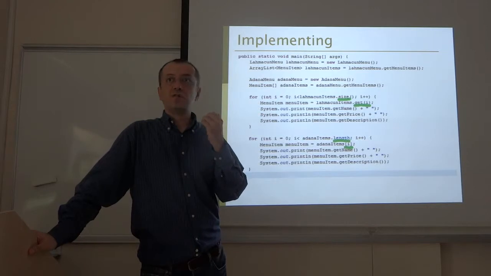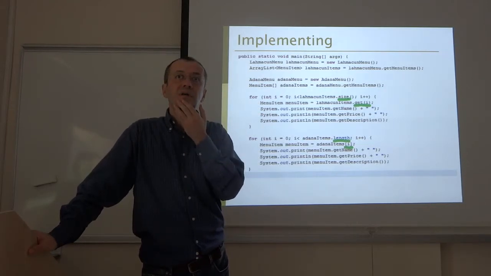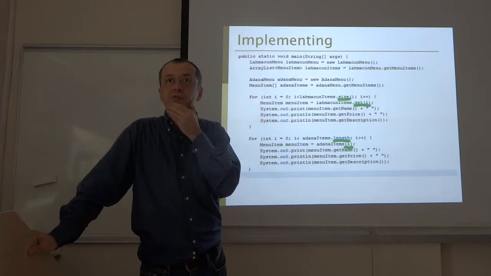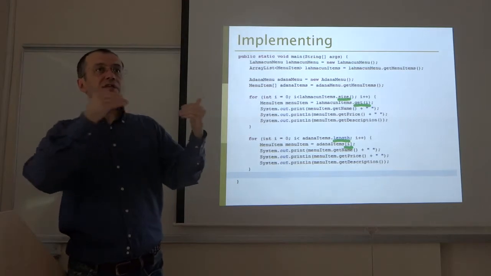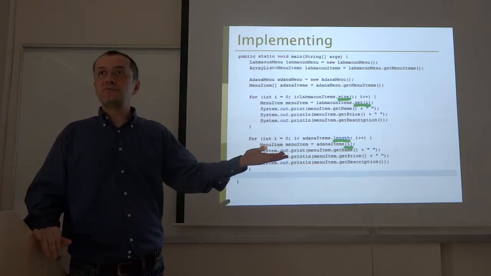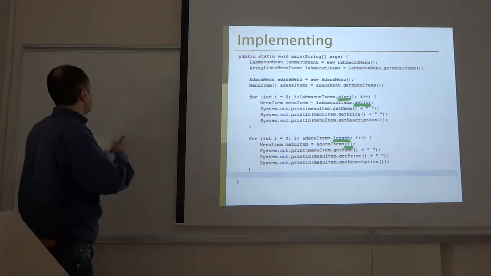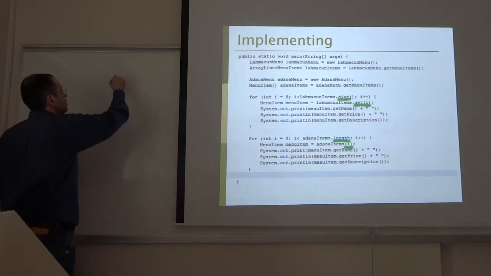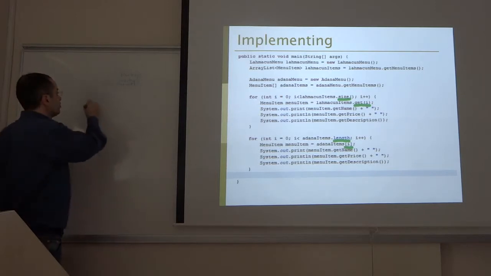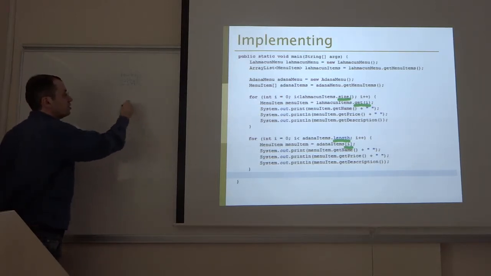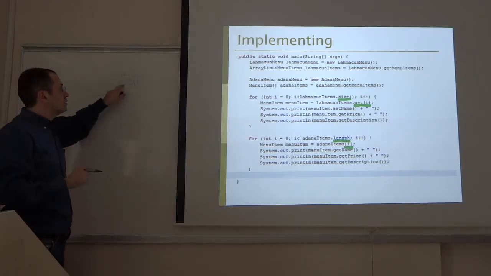So what do I need to do? Create an iterator for the two of them. If I have a common interface super type with has next and next, this is the iterator. And I have specific concrete iterators for each of them, which are doing these two things.